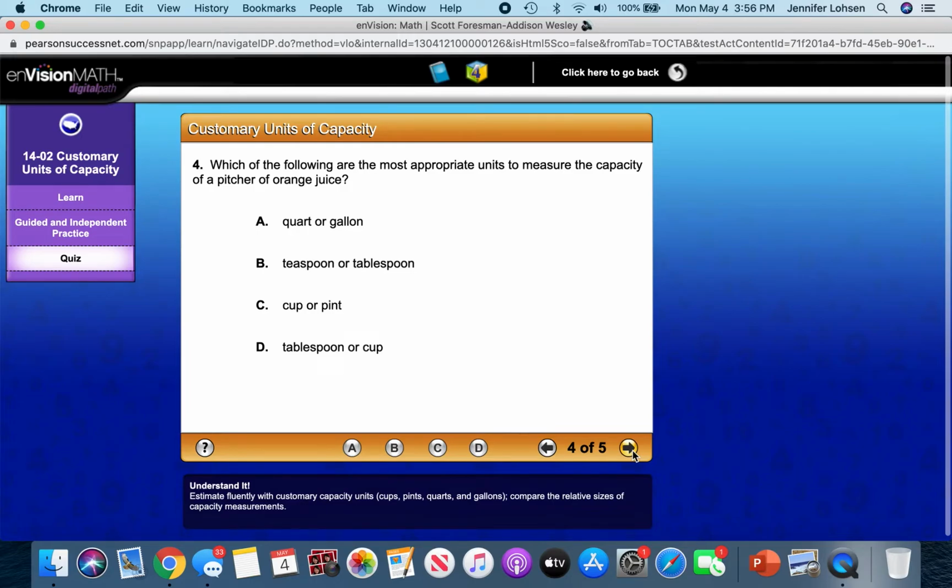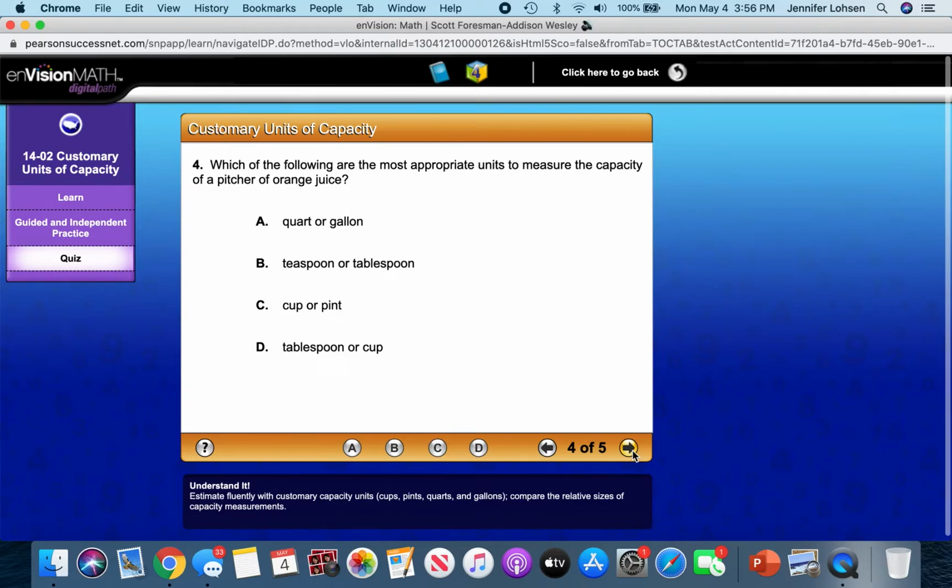Number 4, which of the following are the most appropriate units to measure the capacity of a pitcher of orange juice? Okay, so I want for you guys to visualize a pitcher as one of those big containers that holds liquid, and you would see it at pizzerias sometimes. If you got soda for the table, it has a handle on it and a little spout at the mouth where it's easy to pour out and get your ice.